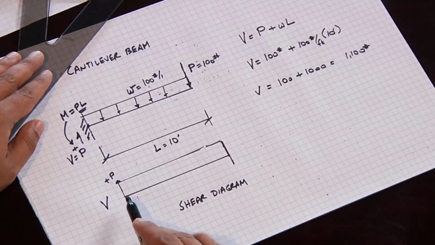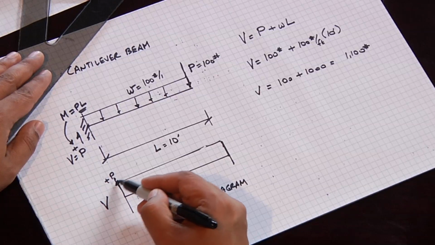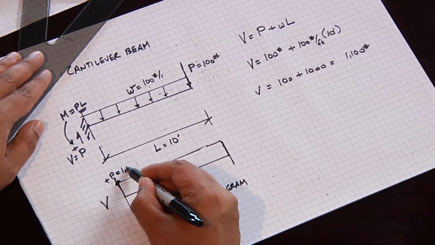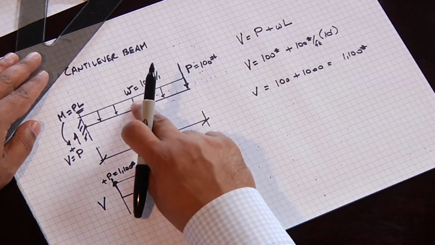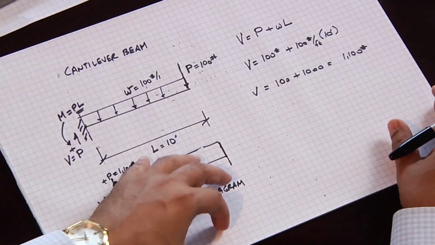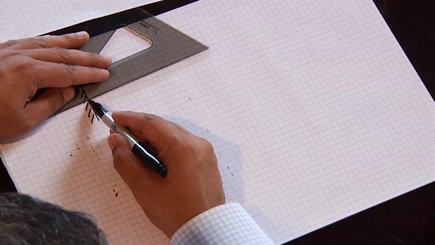In my second example when I add the uniform load, what happens to the shear diagram? I'm still going to start off up here with plus P plus WL, except that now this becomes 1,100 pounds, but now this curve is going to change, because now we have a uniform load with a concentrated load. Let's take a look at that and let's redraw that sketch.